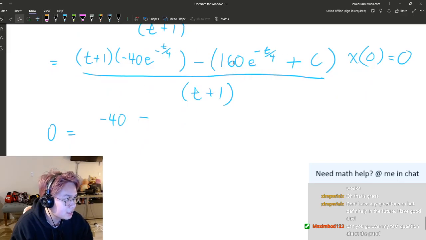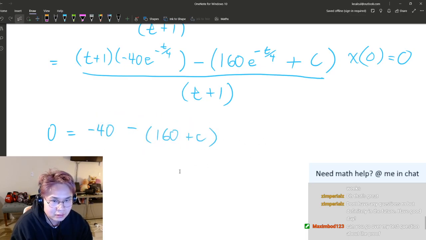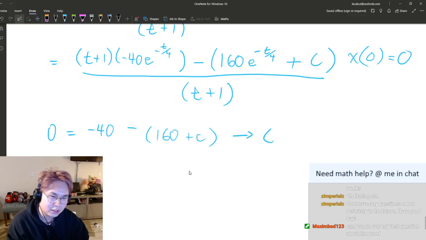Again, same thing, so this is just 160. And then this is all divided by 0 plus 1, so divided by 1. So here's my equation. So my c value is 200.